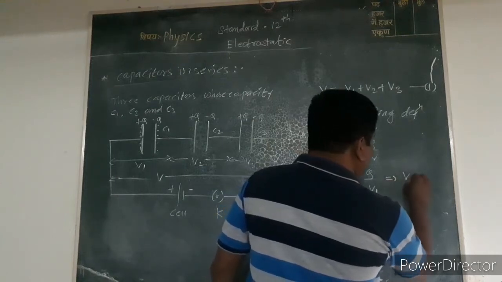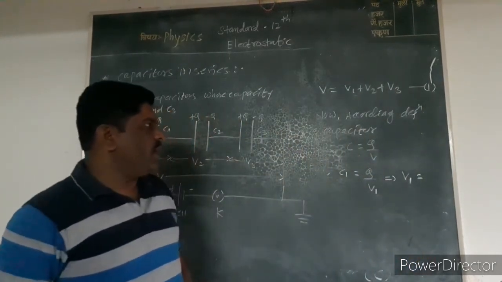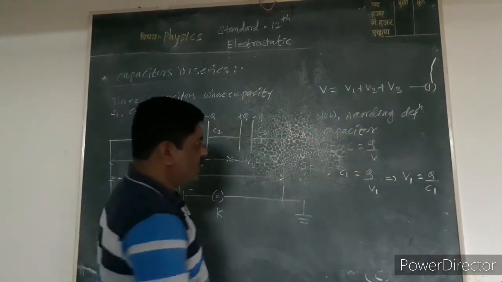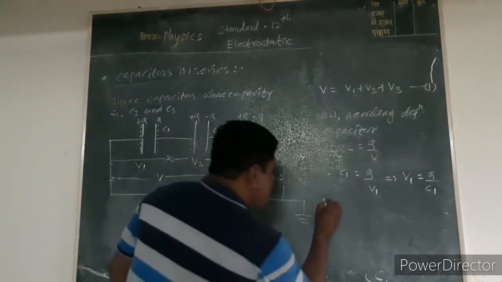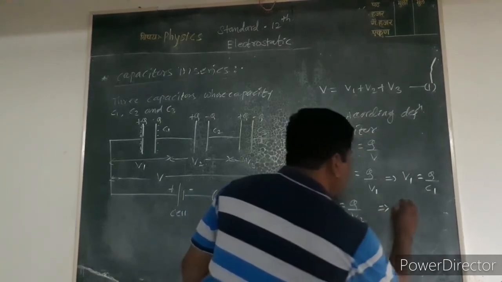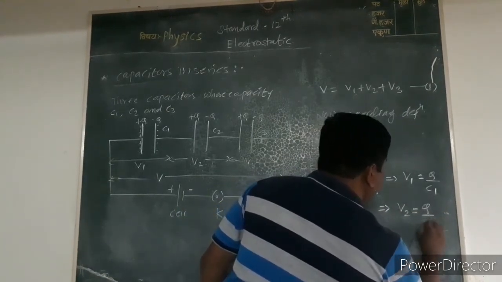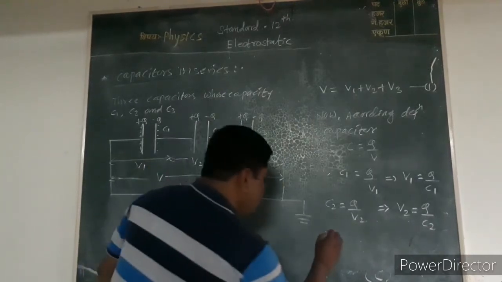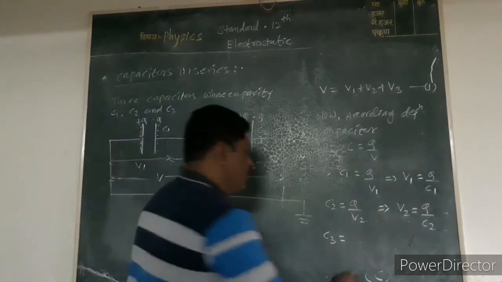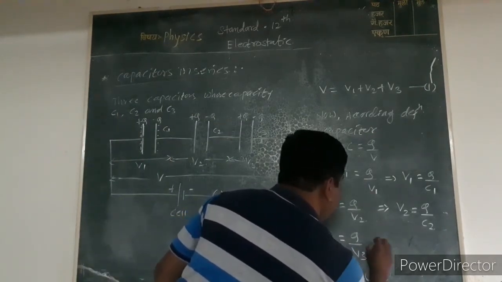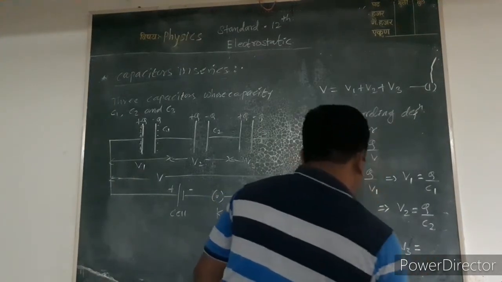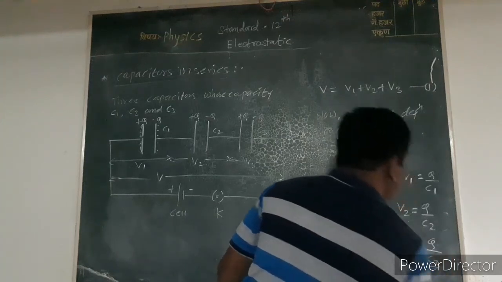This gives the value of V1: V1 is equal to Q upon C1. For the next capacitor, C2 is equal to Q upon V2. This gives V2 is equal to Q upon C2. And for the last capacitor, whose capacity C3 is equal to Q upon V3, this gives V3 is equal to Q upon C3.